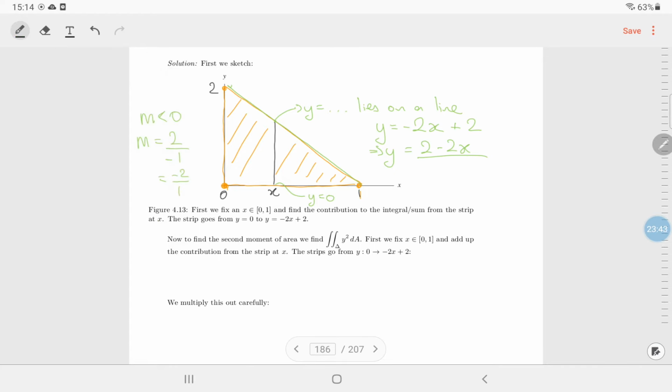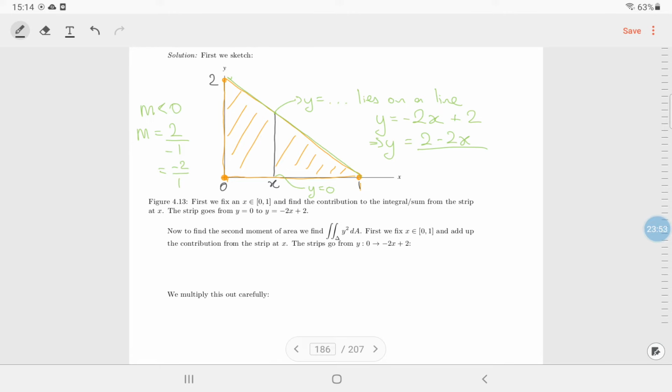So to find the second moment of area, we need to integrate y squared dA over the entire triangle. First, we fix the x between 0 and 1 and add up the contribution. So actually, we're going to find the second moment of area of the strip. And because the strip is infinitely thin, it's going to be infinitely small because it's going to be multiplied by dx.